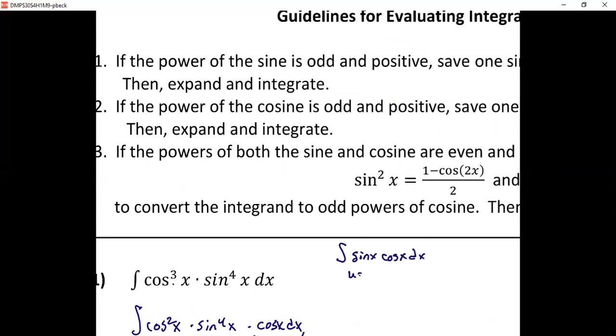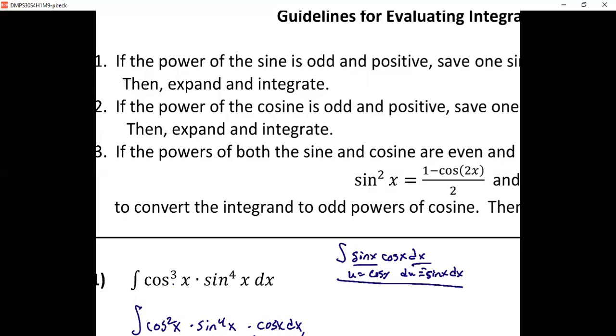If you remember, we could do u equals sine of x, and then cosine of x dx is going to be your chain. How about u is cosine of x? My apologies. Then du is negative sine x dx. So we could work with that one.